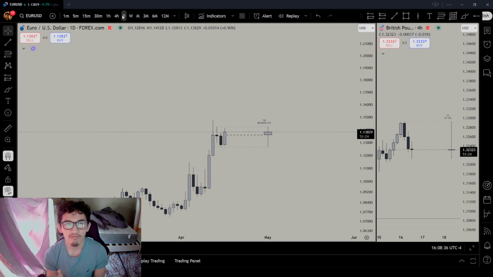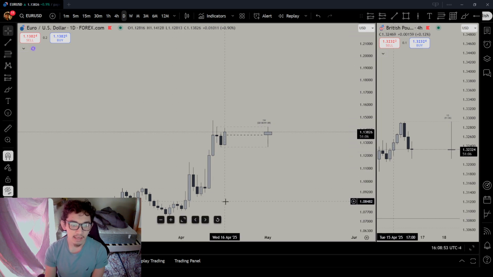Now on the daily, you're looking for way more context. You're looking for way more narrative, context, and drawn liquidity, because the weekly has fewer candles than the daily. The daily has way more candles than the weekly, right? So on a daily, now we're looking for multiple things here. Candle ranges, CRT.